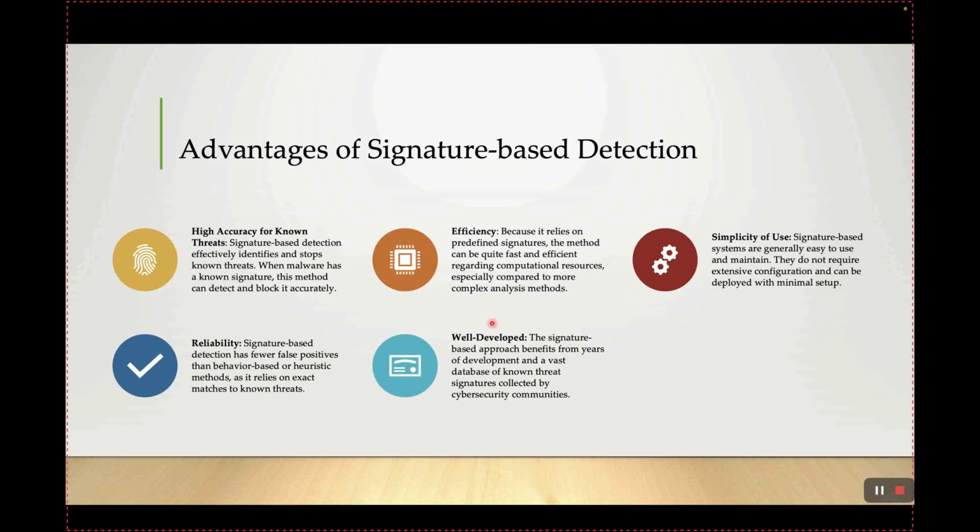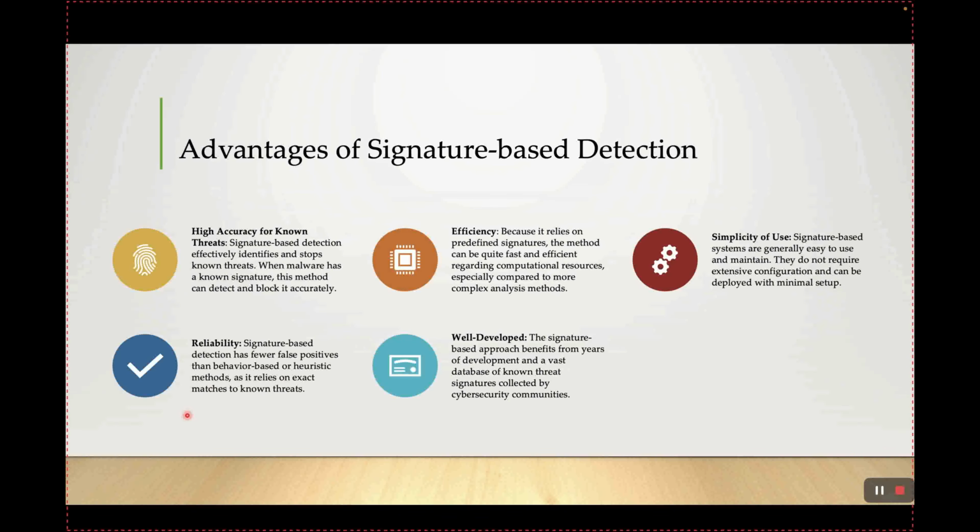Efficiency. Because it relies on predefined signatures, the method can be quite fast and efficient regarding computational resources, especially compared to more complex analysis methods, which we'll discuss in future videos. Simplicity of use. It's easy to use and maintain. They don't require extensive configuration or programming or creating rules, and it can be deployed quickly.